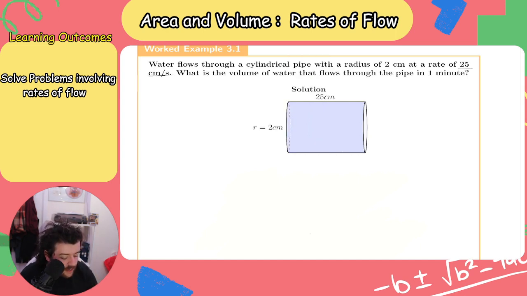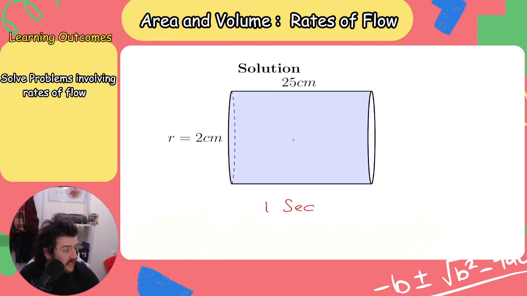Again, remember, this is a snapshot of 1 second. Here's my pipe after 1 second. It's filled with water; it has traveled 25 centimeters. I want to find how much water is in this pipe in that particular second, and that tells me the volume of water being shoved through the pipe per second.